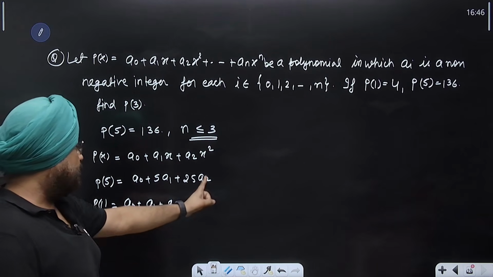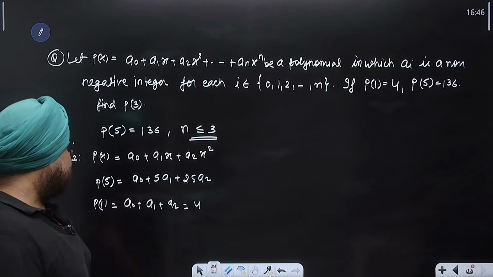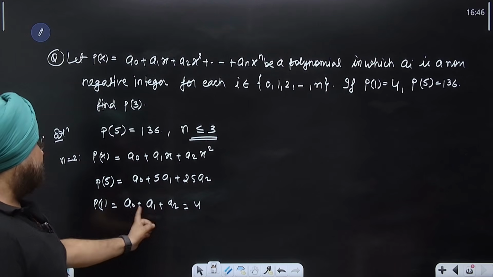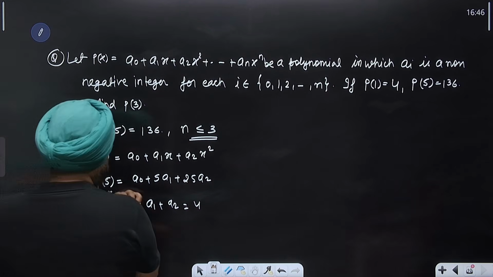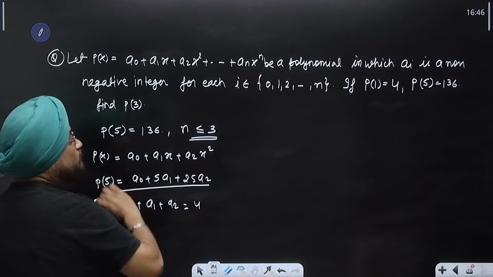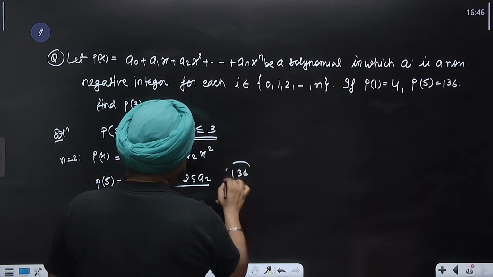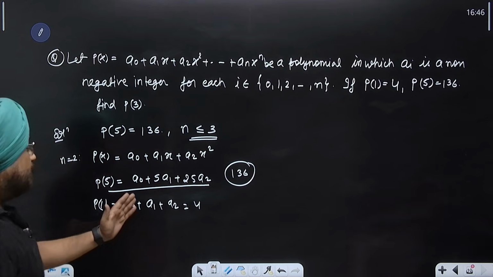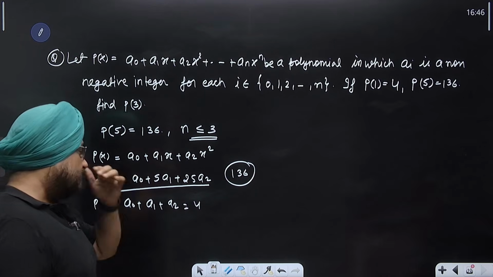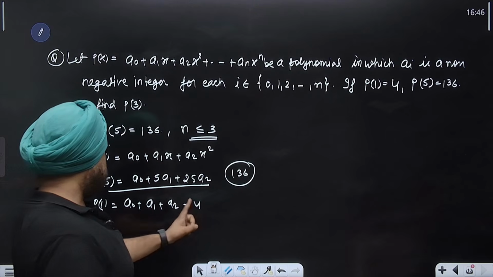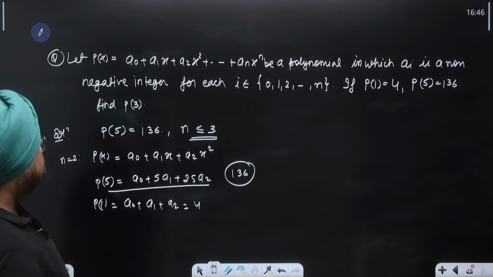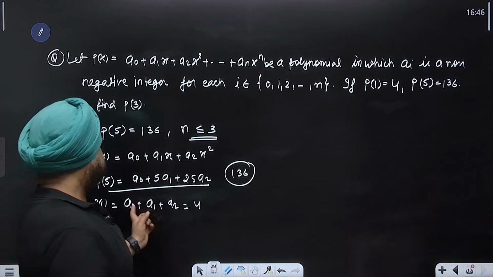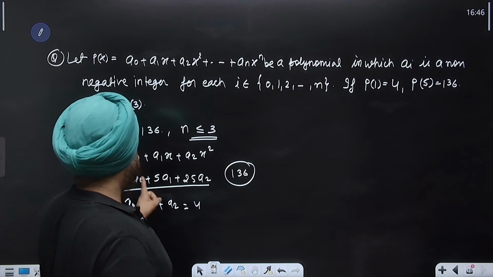If I put a2 equal to 4, this will become 100. Then a0 + a1 will be equal to 0. This term can reach a number like 136 only when a2 is maximum, and the maximum value of a2 is 4. In this case, a0 + a1 will be equal to 0.